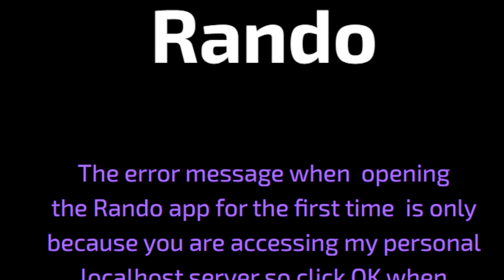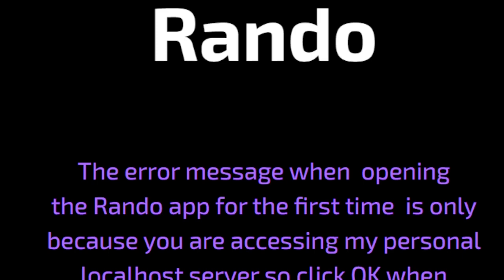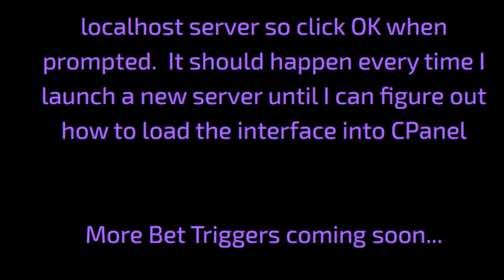That's just an app that I use that lets me host a web application on the internet from my computer. I have to figure out how to migrate the program from my computer to my web page, which I'm working on. So for right now, you just have to deal with that error every time I jump to a new interface, or if you've got some security on your web page, you might have to do it every time you go into the Rando app.